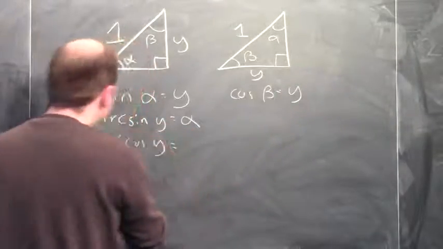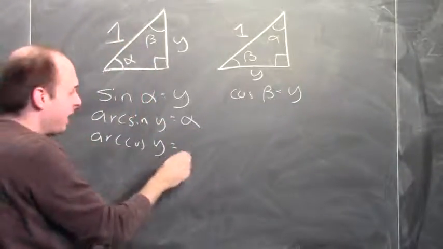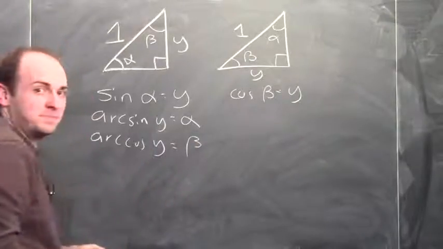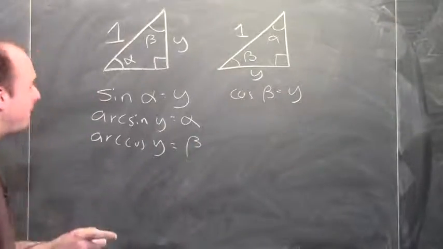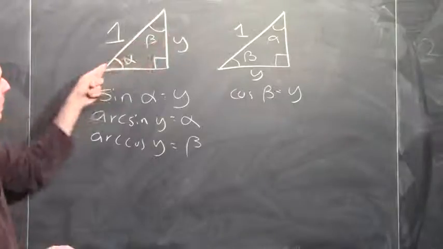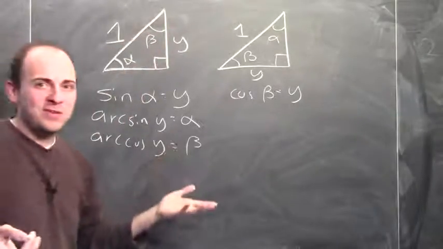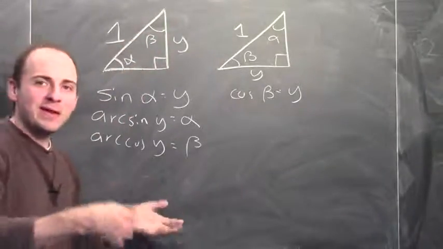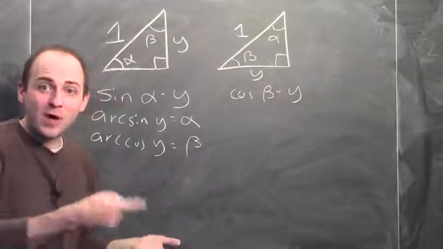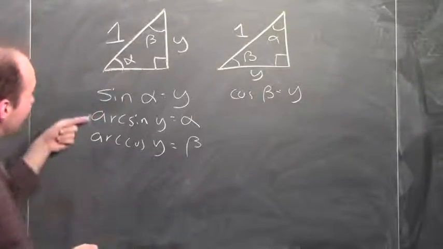And consequently, the arc cosine of y is beta. Now, why is that significant? Well, this is a right triangle, and the angles add up to 180 degrees, so alpha plus beta add up to 90 degrees, or pi over 2 radians. So that means what?